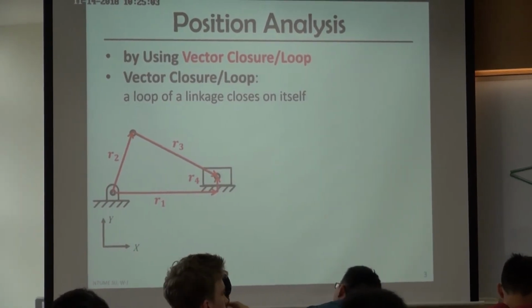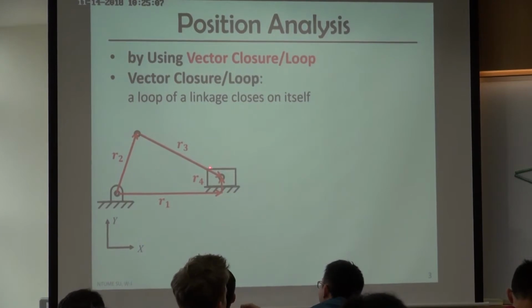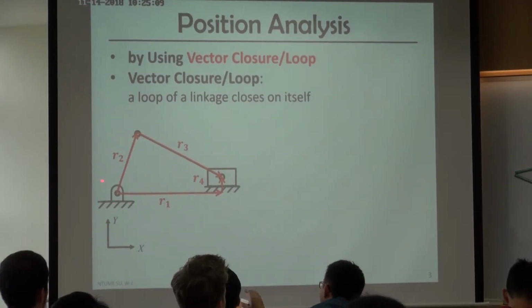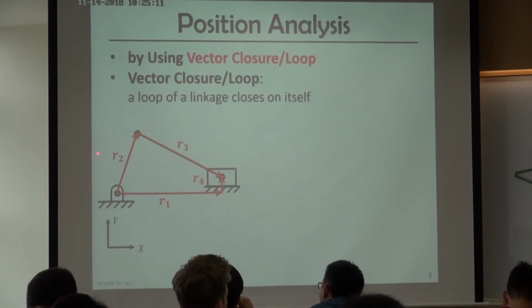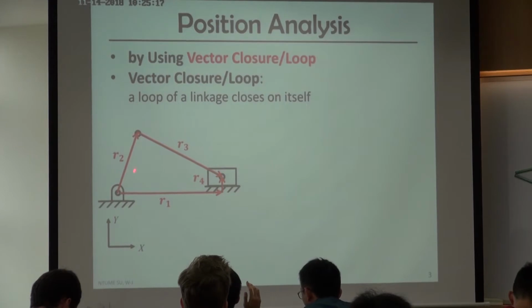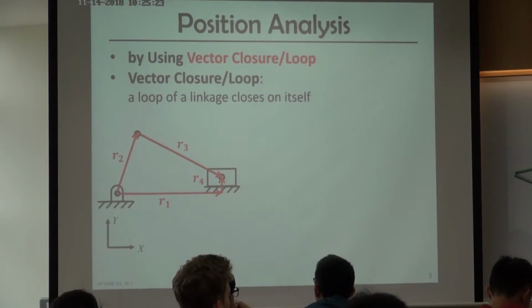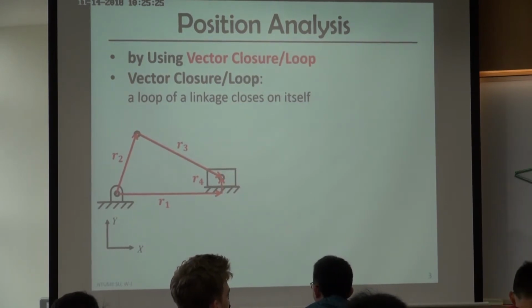And for this mechanism, we probably use R2 as the input, link 2 as the input, and the slider as output. So this R2 vector can be used to indicate the input, the angle of R2. Later on, in the calculation I wrote here, I use theta 2 as the input.